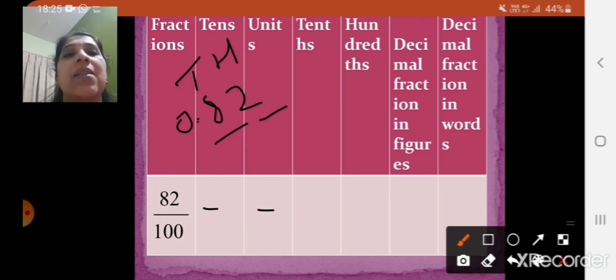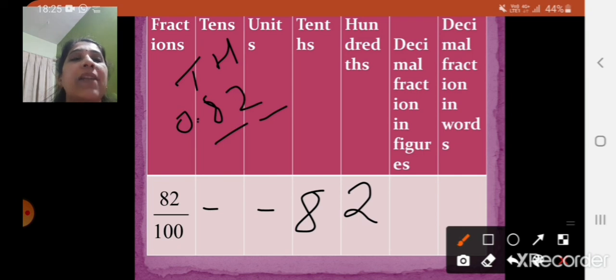So like this, tens, hundreds, thousands will go on. Whereas for the whole numbers, it was a different case, right? So I hope you have understood this concept. So now 8 is in the tens place, so I will write 8 in the tens place and 2 in the hundreds place.